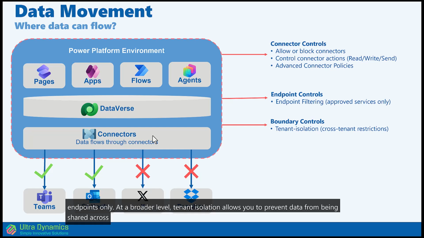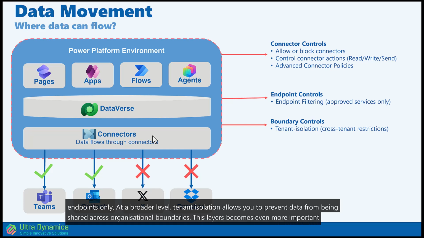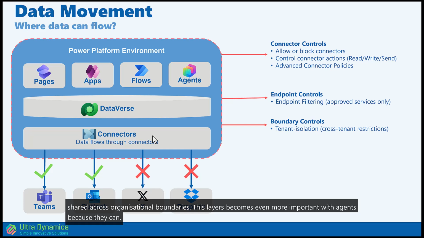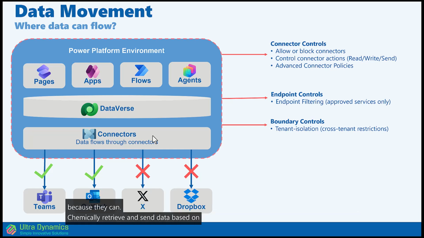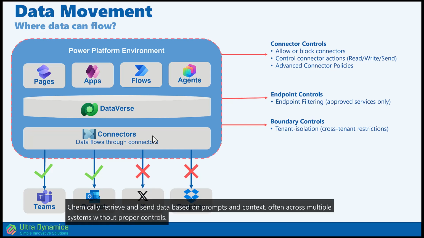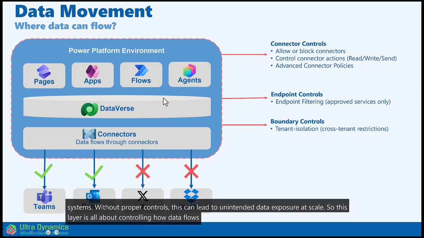This layer becomes even more important with agents because they can dynamically retrieve and send data based on prompts and context, often across multiple systems. Without proper controls, this can lead to unintended data exposure at scale. So this layer is all about controlling how data flows and ensuring it stays within the trusted boundaries.